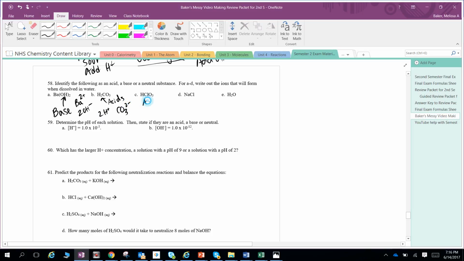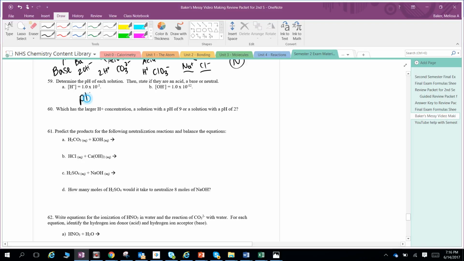And so letter C is also an acid, putting a hydrogen ion and a ClO3 minus. But letter D, when sodium breaks apart from chlorine, I don't see any hydrogens or hydroxides, so that would just be neutral. And same with water, neutral.